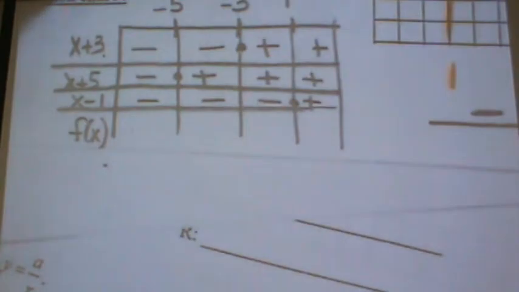And at 1, x minus 1 would be 0. Think of a number line, you guys. Here's your 0, these are negative, these are positive. To the left of your 0 is negative, to the right is positive. So now we count. How many negatives do you have here? Is it odd or even? So it's gonna be negative. What does negative mean? It means below the x-axis.